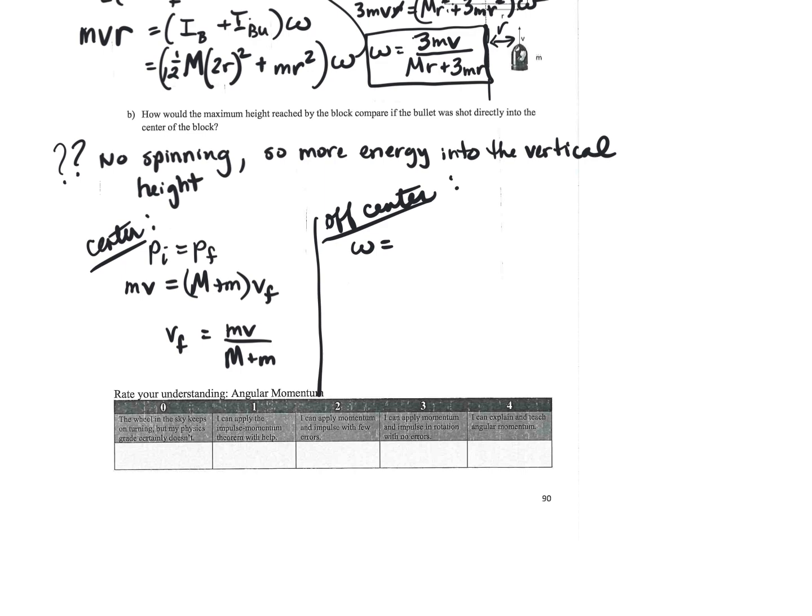V over R, right? So we really have V over R equals 3mv over Mr plus 3mr.